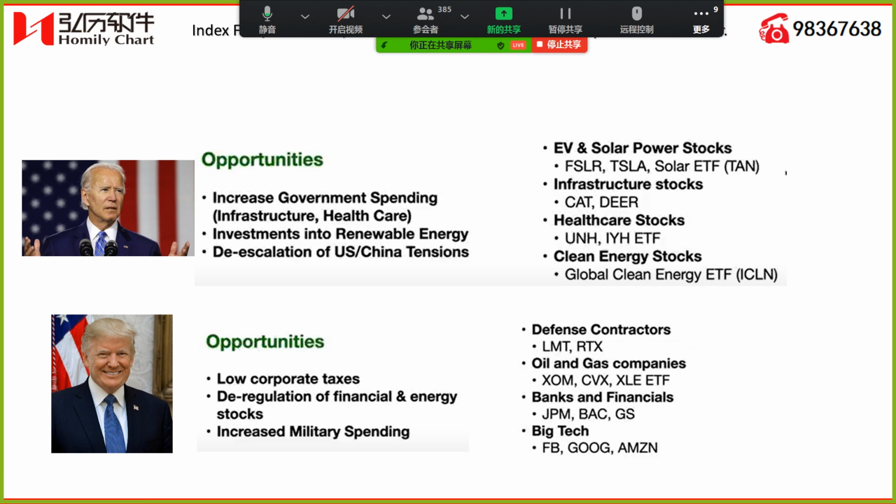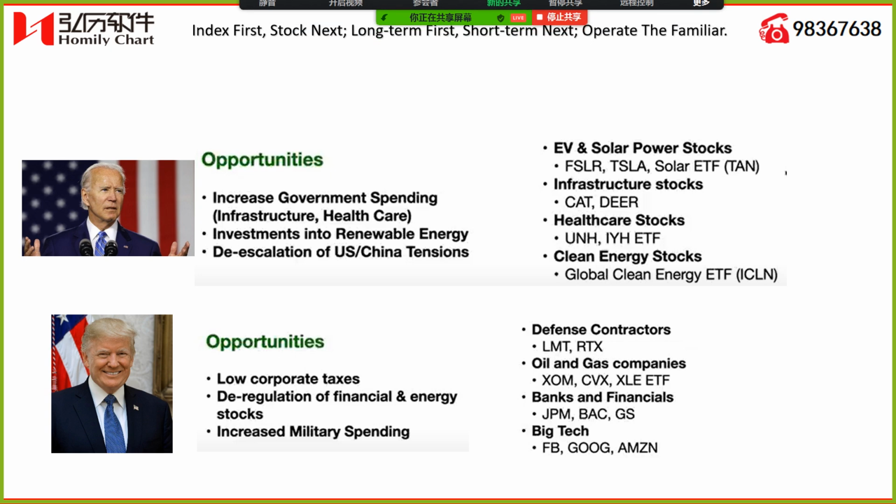So somebody has already bought before the election. Some of the sectors have already risen a lot, like electric vehicles such as Tesla, and solar.